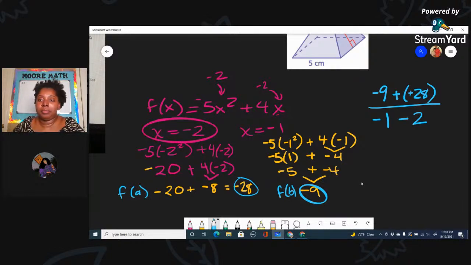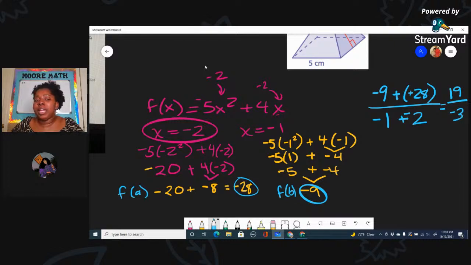Negative 9 plus 28 is 19. And negative 1 minus 2 is going to be negative 3.